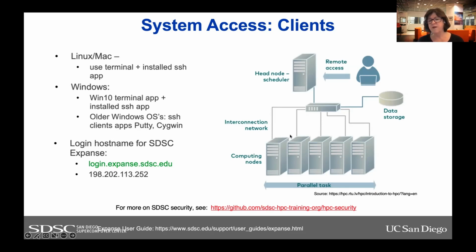So you can't have 6,000 people randomly choosing a node to work on. So what we do is we have something called a scheduler, and I'll talk about that in the next presentation. When you log on, you'll be looking at your code, figuring out where your data is stored, maybe on the parallel file system, maybe just locally, and then you'll submit a request to run a job on these remote nodes. And again, there's the address, login.expanse.sdsc.edu.